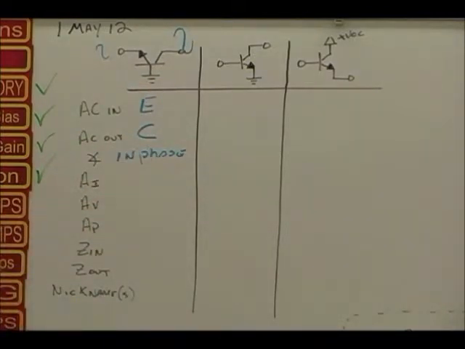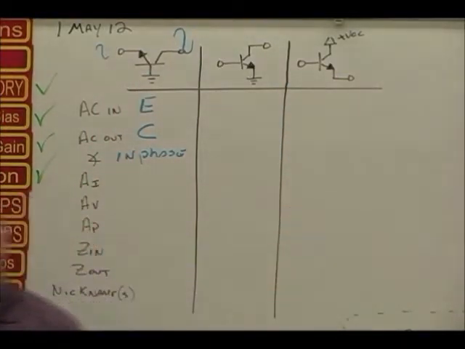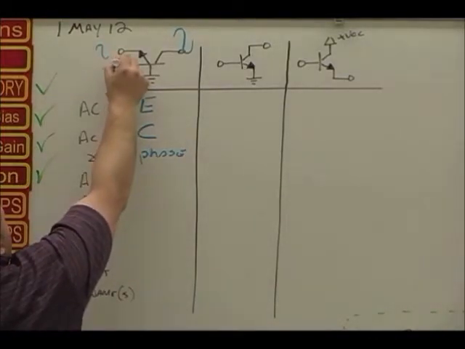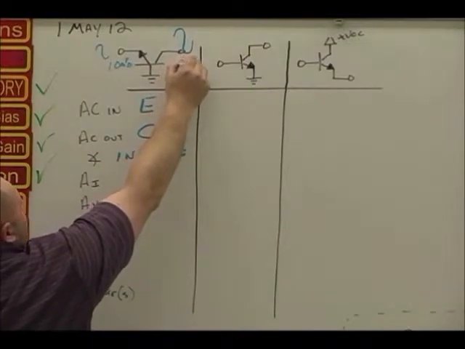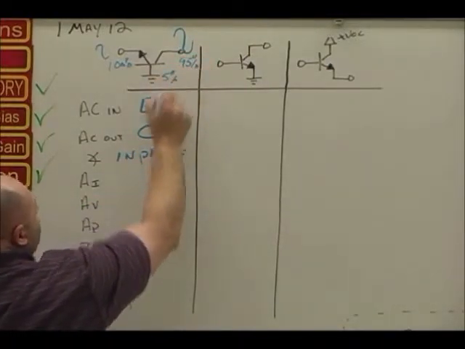Current gain. Our gain always has to do with the outputs, doesn't it? So the current gain is low, but how do we know? Remember the percentages: 100% emitter, 95% collector, and about 5% the base.